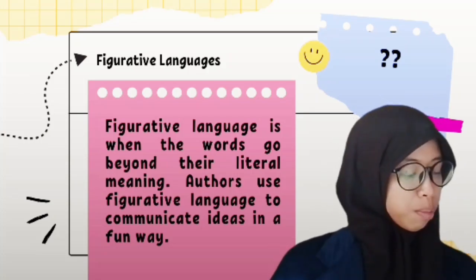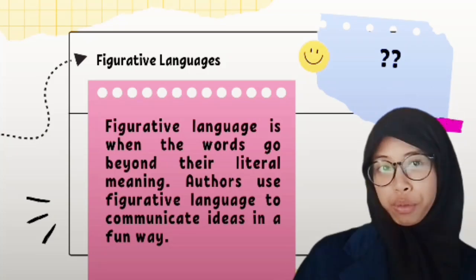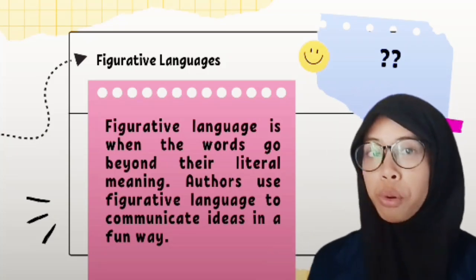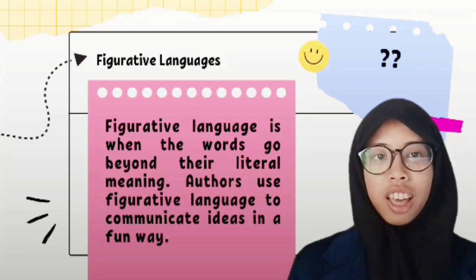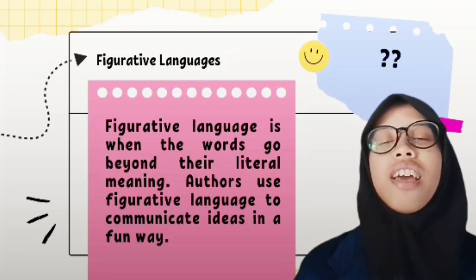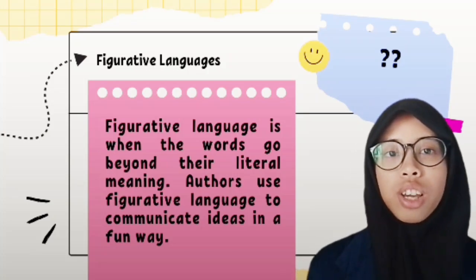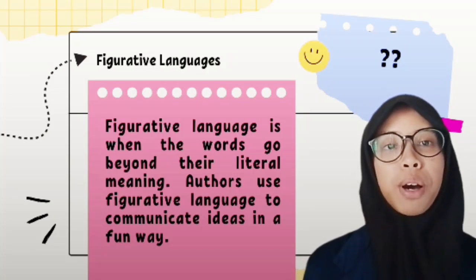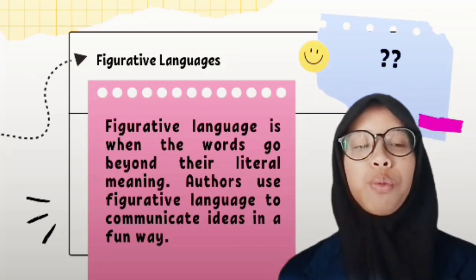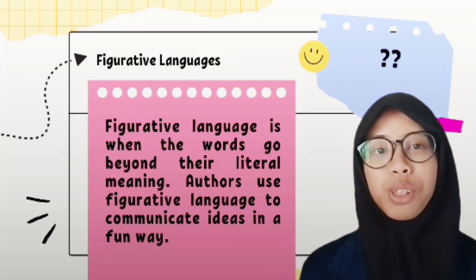Now let's meet some common figurative languages that we usually find in poetry. There are many figurative languages, but today we will just talk about 5 kinds of them, the most common ones found in poetry.